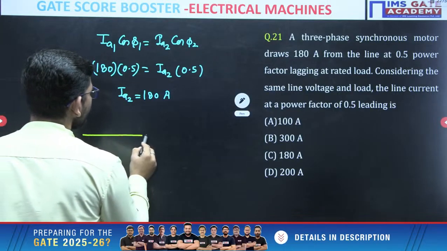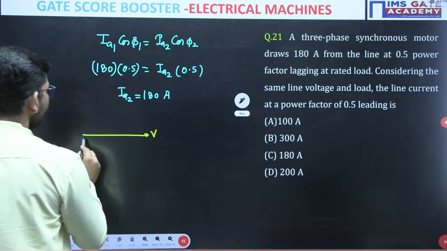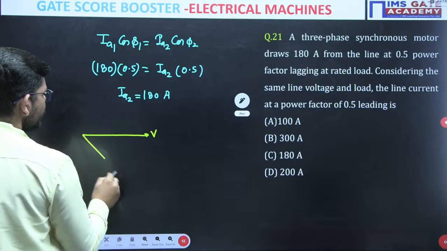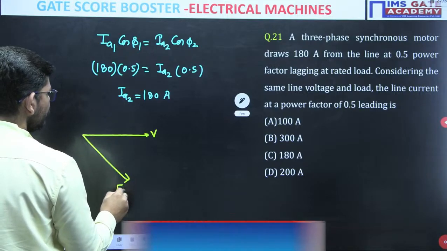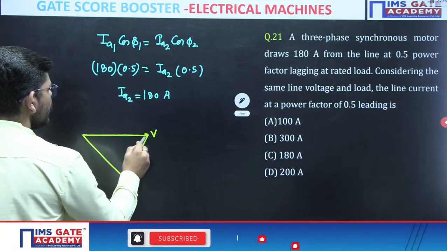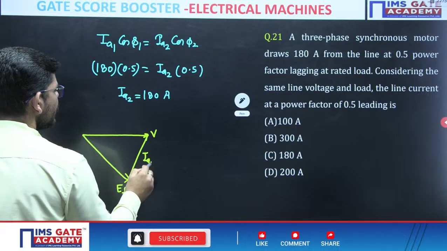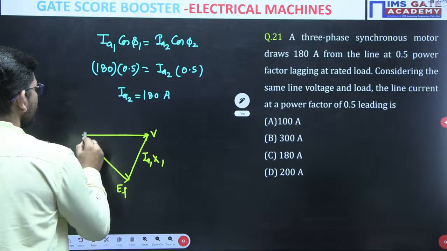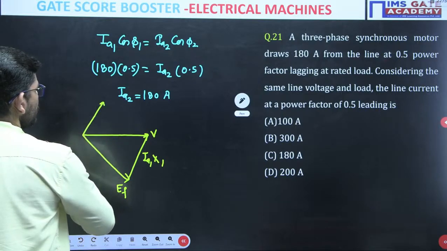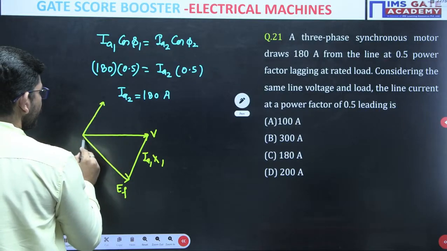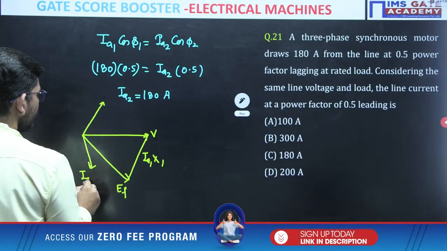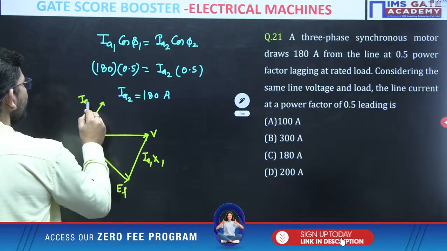In a synchronous motor, you know that if this is V, and this is EF, and this is IA1 X1, then suppose first we have lagging current, then we have leading current.